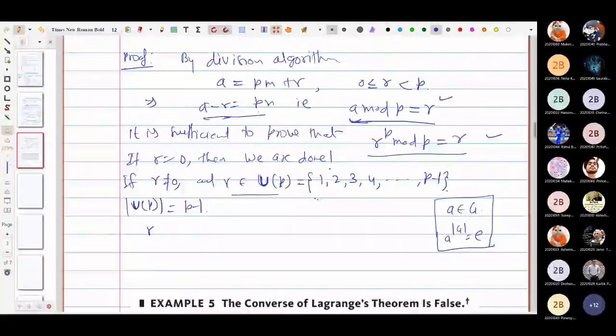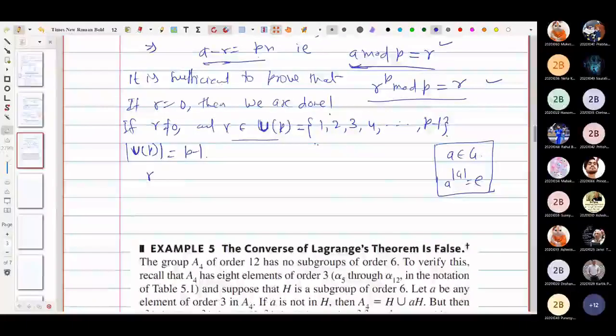From here you see r is greater than or equal to 0, so r equals 0 we have considered already. Next we are left with the consideration that r should be greater than 0 and strictly less than p. So what values can r take? 1, 2, 3 up to p minus 1, because the remainder is only non-negative integers.